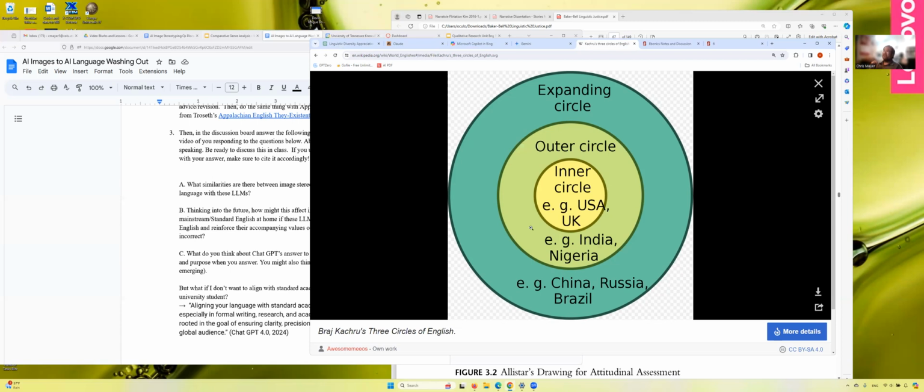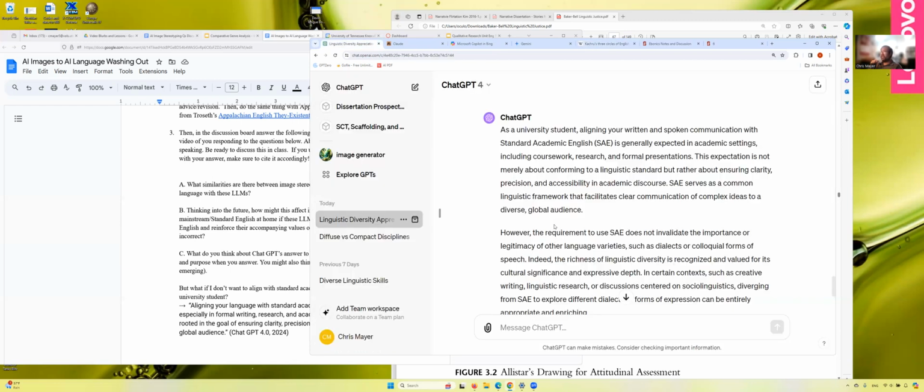What happens in terms of ensuring clarity? I'm not saying there's no space for standard academic English, but this is a consideration I think we might want to think about when we read ChatGPT's answer to that.